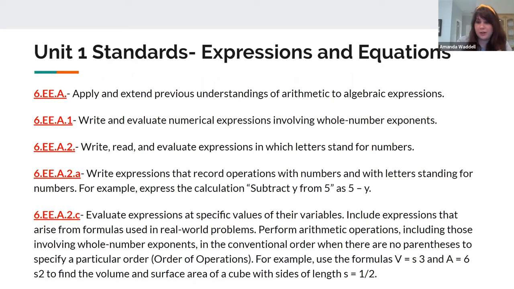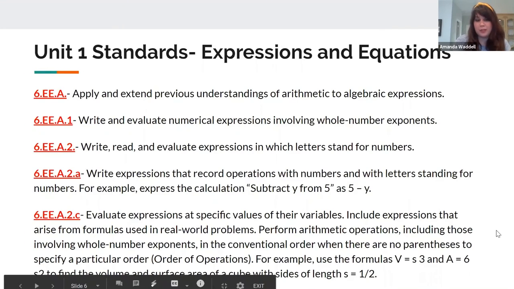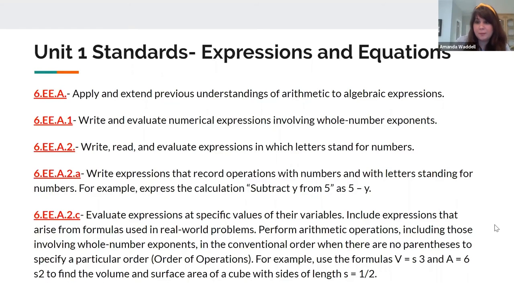And I use variables to fill those unknown numbers in. That kind of goes into 2 and 2A. And then 2C, evaluate expressions at specific values of variables. So you'll see that more towards the end of the unit when you get into the surface area and the volume and really formulas. That's where that comes in, being able to interact with and solve those formulas. So that's where we see expressions and equations really come out in Unit 1.